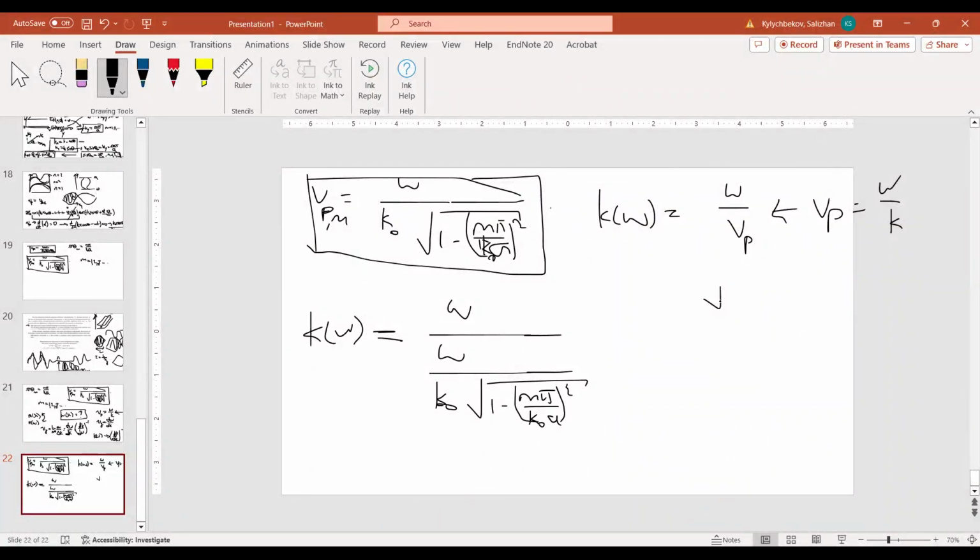If velocity is equal to omega over K0, it's not VP, it's C. Because we know the electromagnetic wave is propagating with K0 and it's in vacuum, so its speed should be omega over K0, and the frequency is omega. So C should be omega over K0.